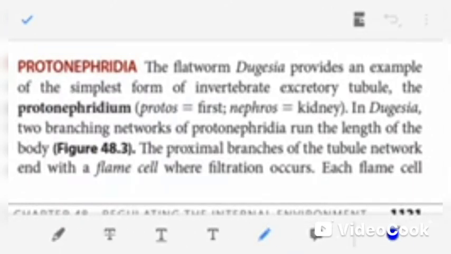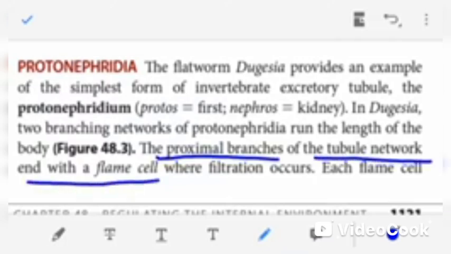Now, the proximal branch of the tubular network ends with the flame cell. So, at the proximal end, flame cells are present in this tubular network, and the flame cells are the cells where the filtration takes place.